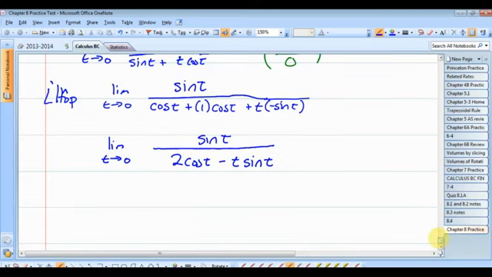This is good. Let's plug in 0. What's sine of 0? 0. What's cosine of 0? 1. Good. 2 minus 0 times 0, which is 0.